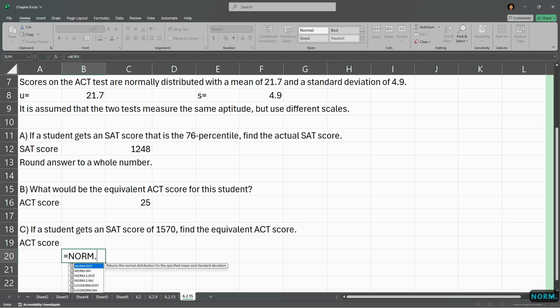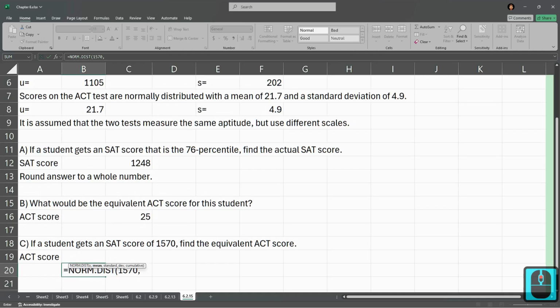So I'm going to type norm dot. Let's just look at the inv, which is what we used before. This one requires a probability, and that's exactly what we're trying to find here. So this one should be norm.dist. Now we're given a score, which is the 1570.